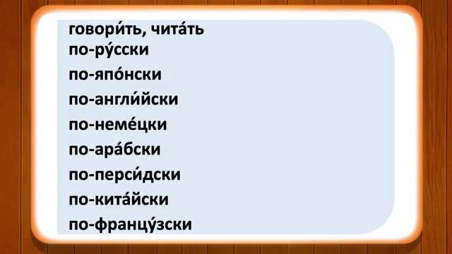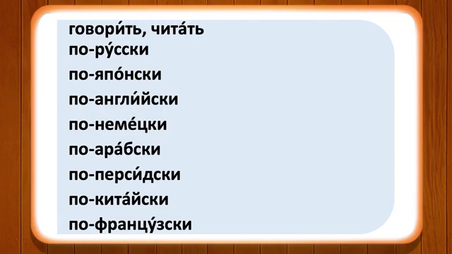So, говорить по-русски. Читать по-японски. Говорить по-английски, читать по-английски. Говорить по-немецки, читать по-немецки. Говорить по-арабски, читать по-арабски. Now compare the two. Изучать русский язык, но говорить по-русски.